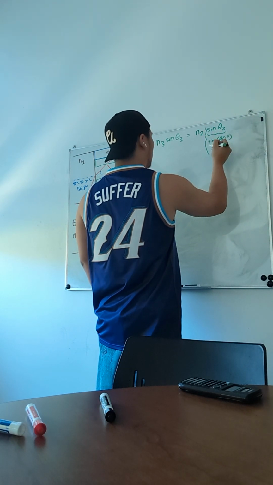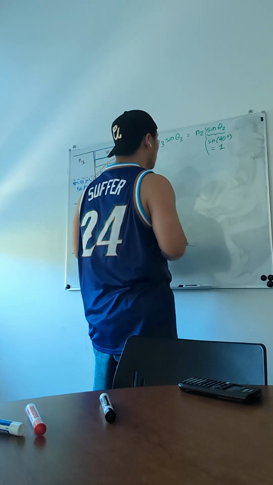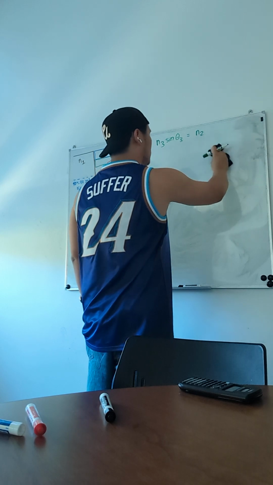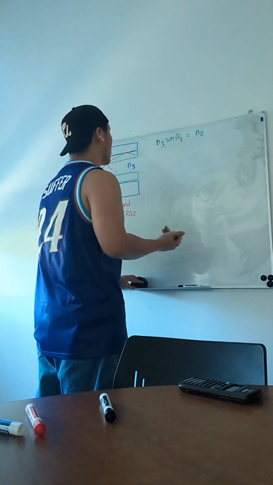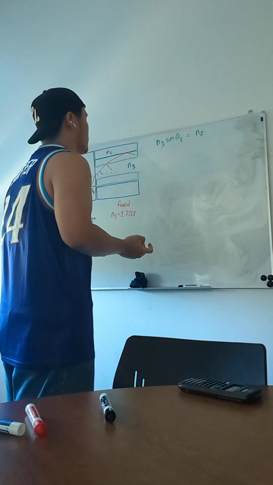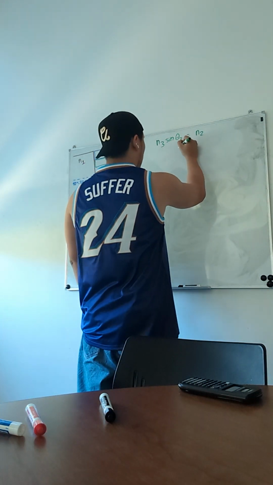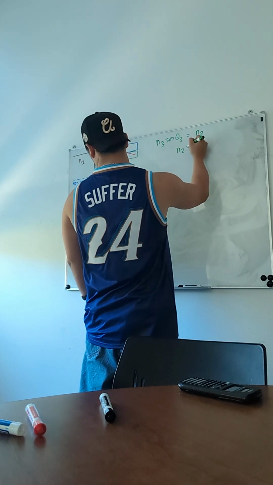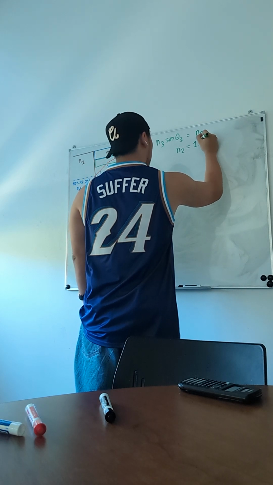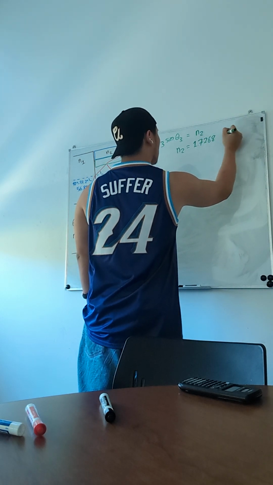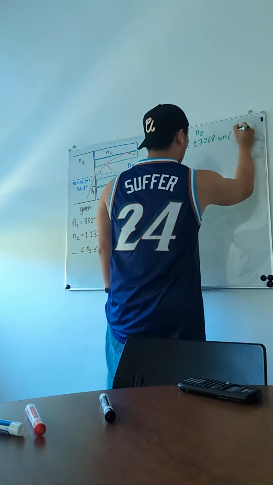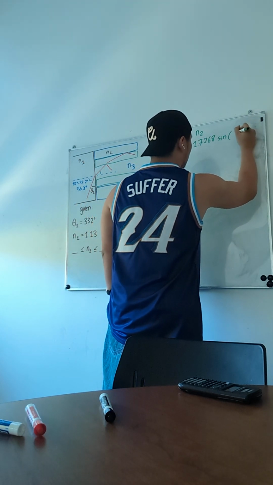So this just becomes 1, and now what we're left with is N3 sine theta 3 is equal to N2. So now we know what N3 and theta 3 are, so we can use that to isolate N2. So N2 is equal to N3, which is 1.7268 sine theta 3, which we know to be 90 minus, oh, it's 2.